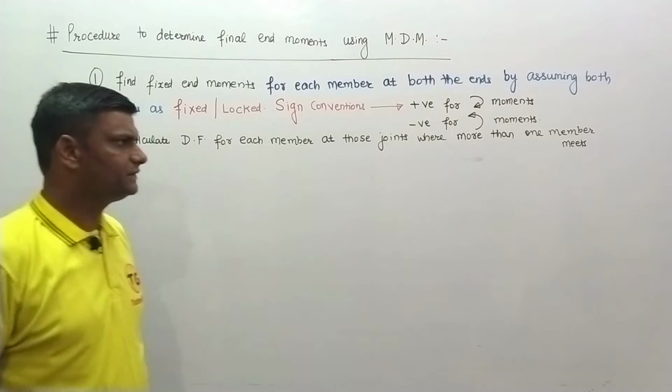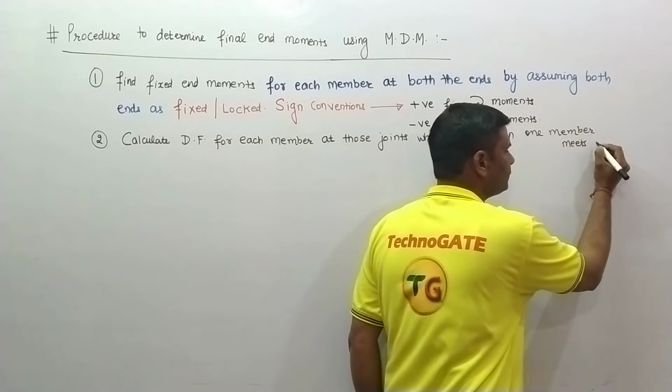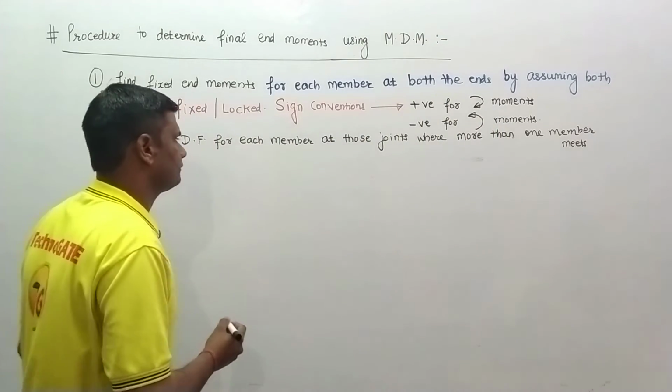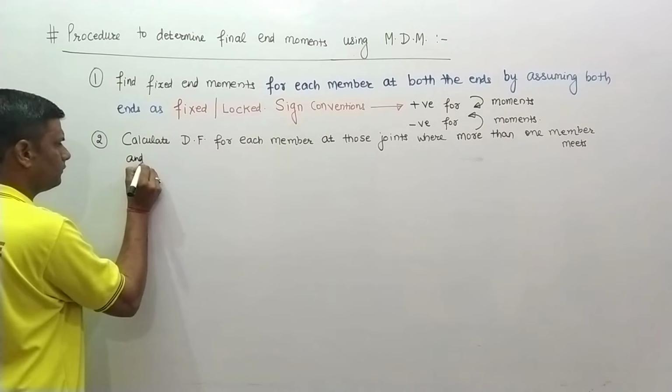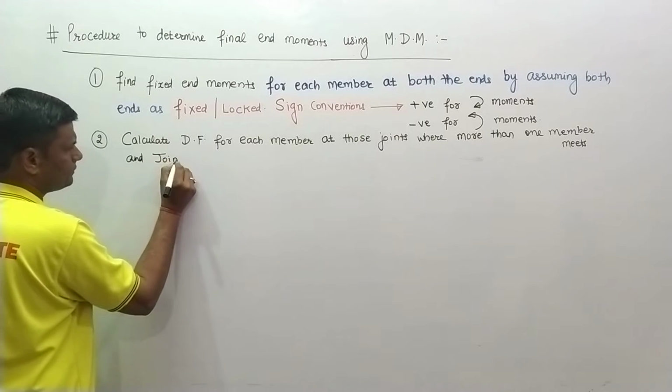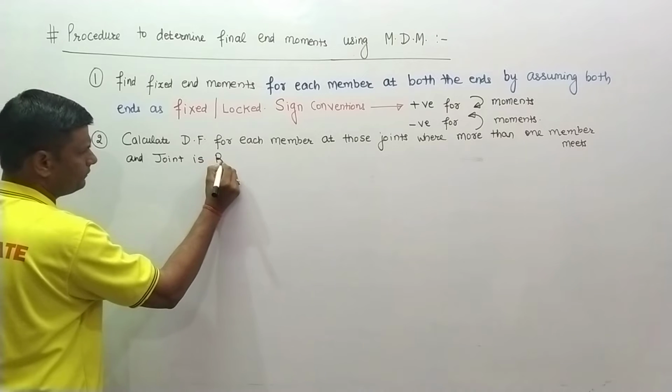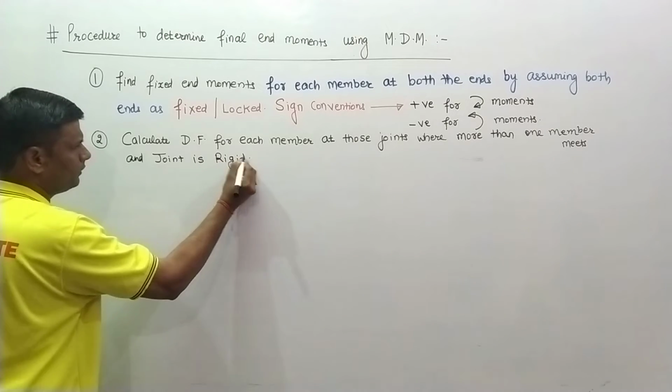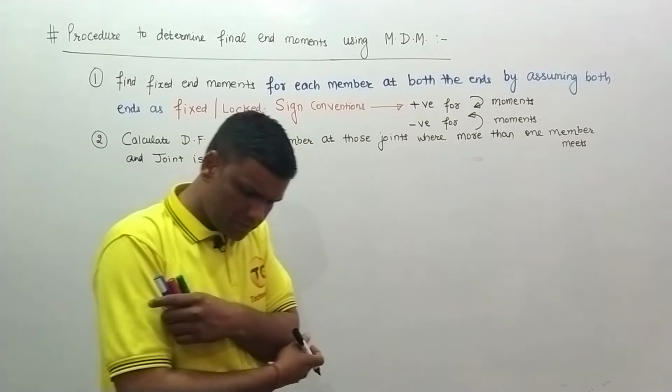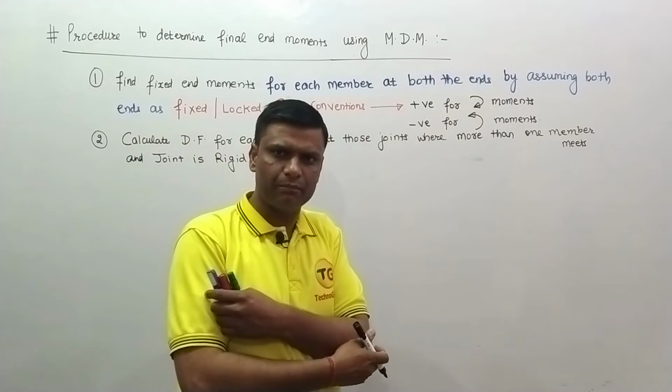Or you can say that the joint is rigid. Please be careful. The distribution factor summation at the rigid joint must be equal to 1.